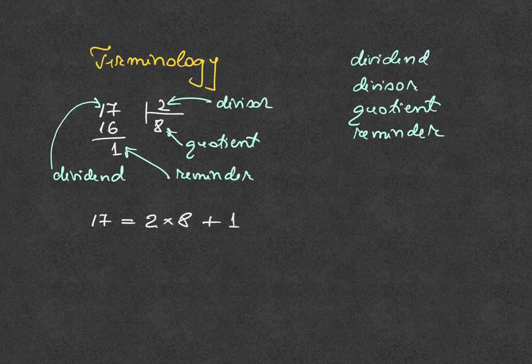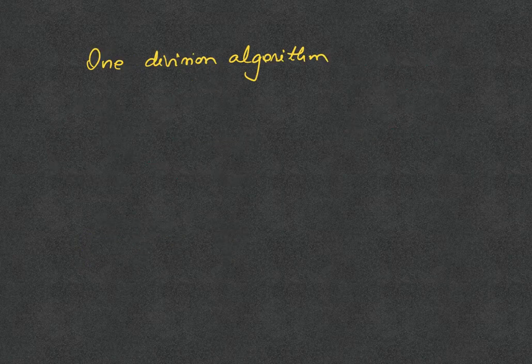So we have dividend, divisor, quotient, and remainder. It's the same for polynomials. So I'm going to show you a division algorithm, and then we are going to identify the dividend, divisor, quotient, and remainder. There are many division algorithms, and indeed we do not need to know more than one.